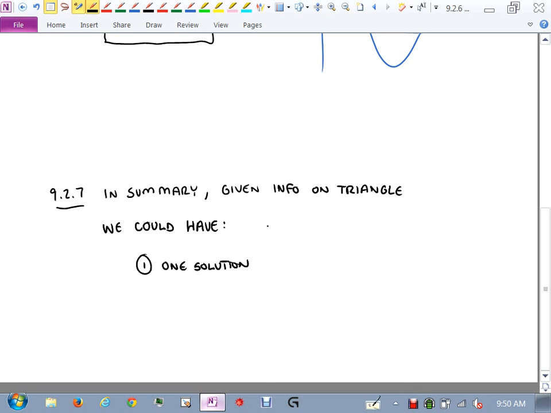So what we mean by one solution is a unique triangle. Only one way to do it, right? One triangle possible. The other thing that could happen, we could have 2 solutions, right? 2 triangles.